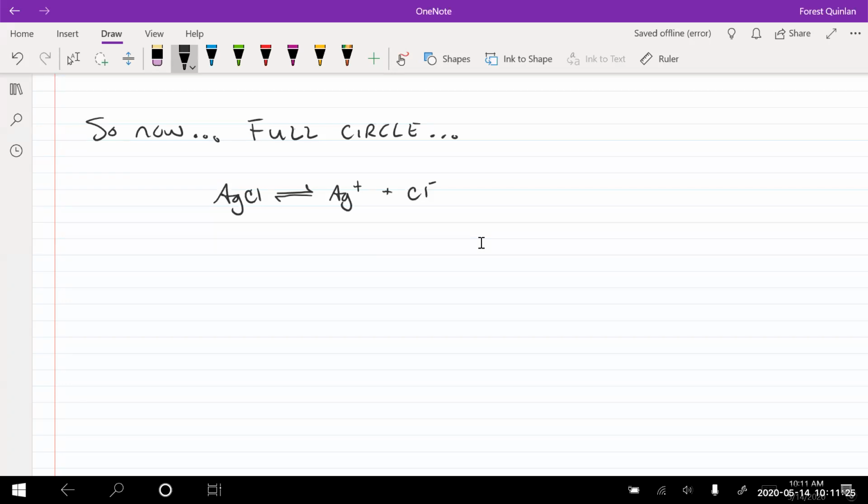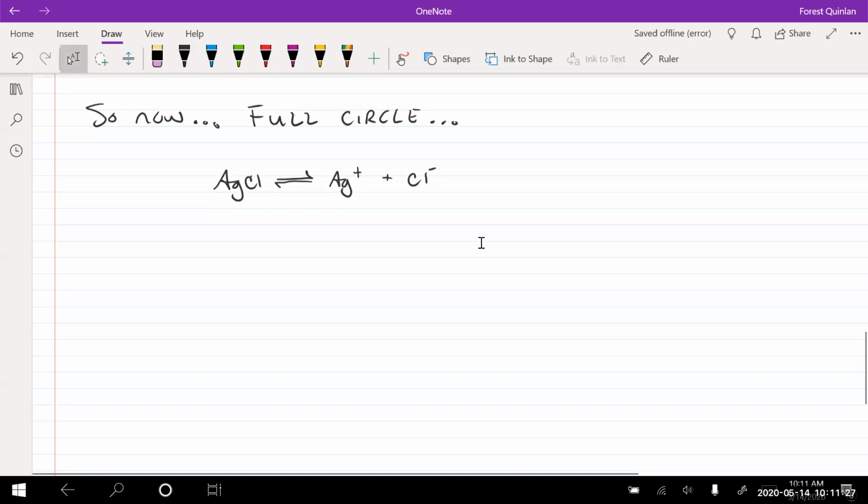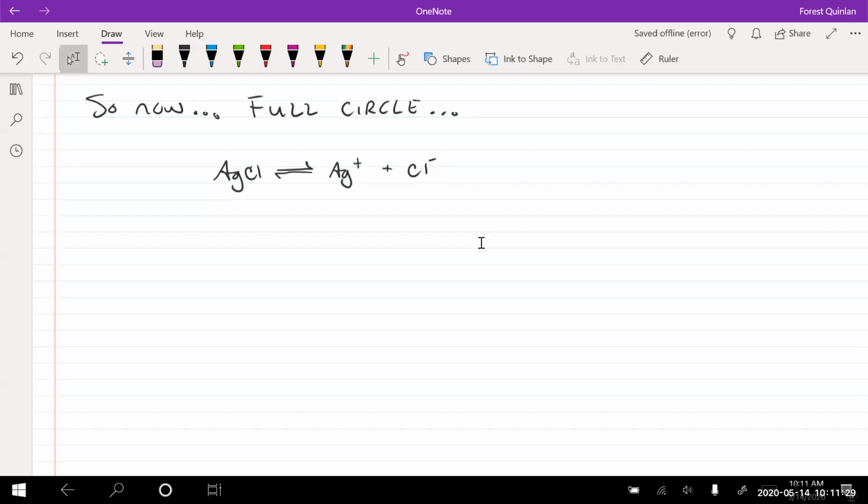So the silver chloride electrode goes as follows. You can have silver breaking apart into silver ions plus an electron. This is the oxidation.